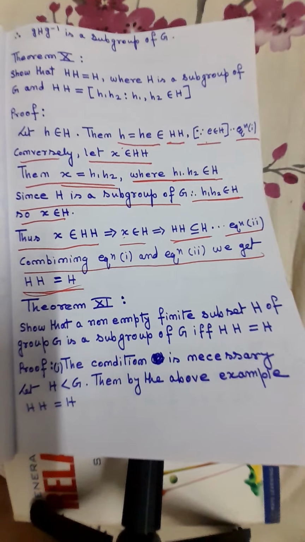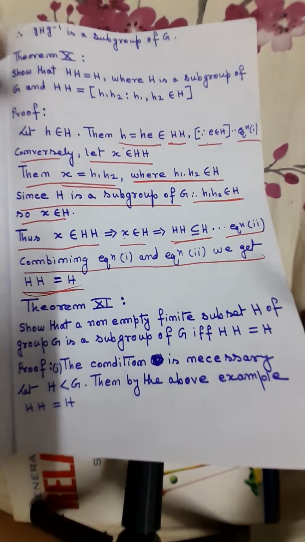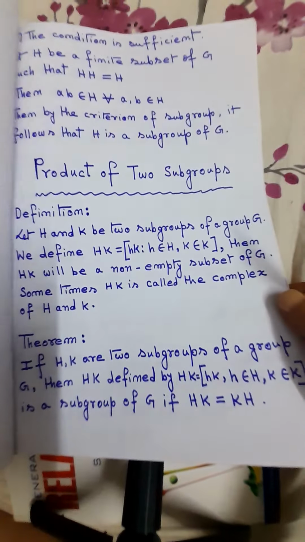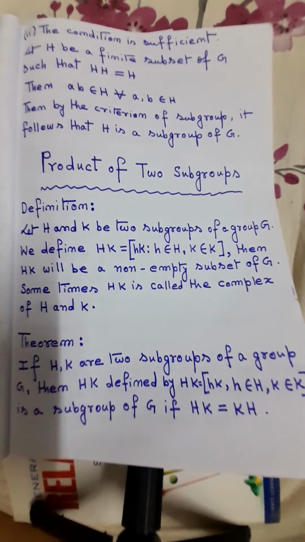Now theorem 11, show that a non-empty finite subset H of group G is a subgroup of G if HH equals to H. Proof: the condition is necessary. Let H be a subgroup of G, then by the above example HH equals to H, correct? That is HH equals to H. Now the condition is sufficient.